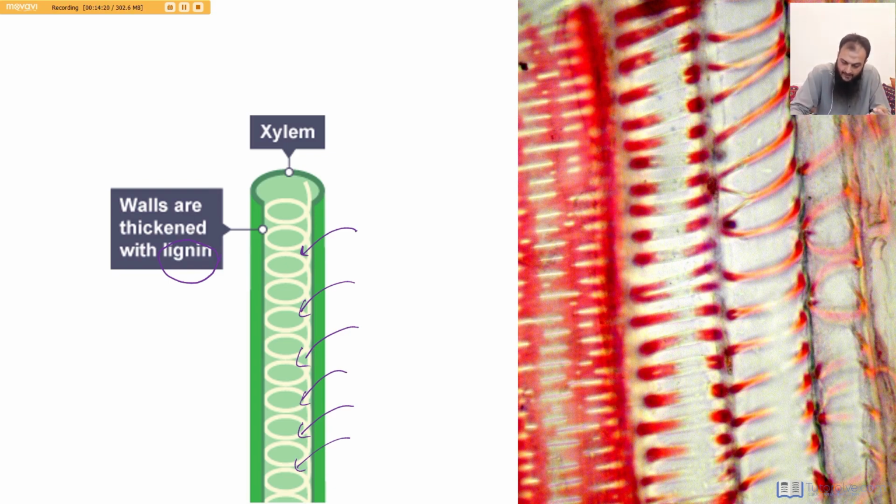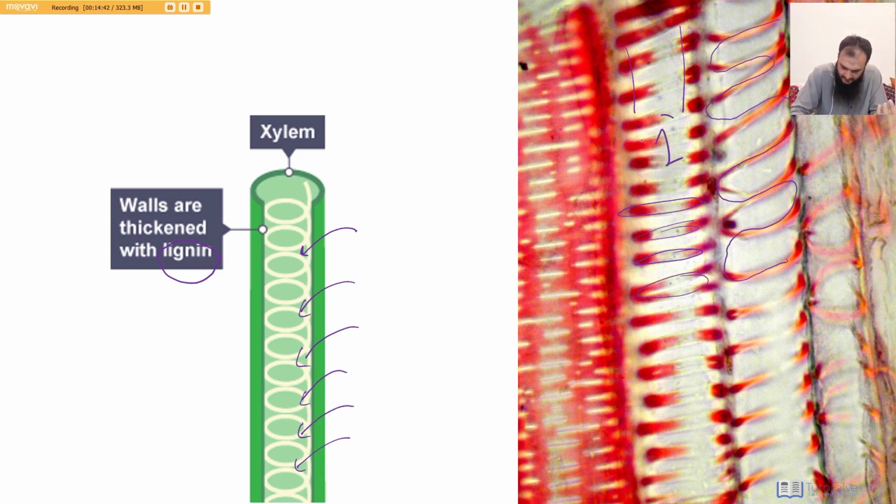So you can see that in this particular, the second diagram, there are only rings of lignin, okay? Whereas in this particular diagram, you can literally see the lignin deposited in the spiral fashion, okay?